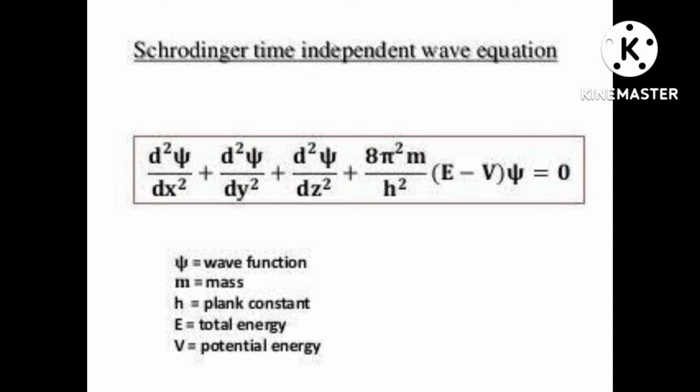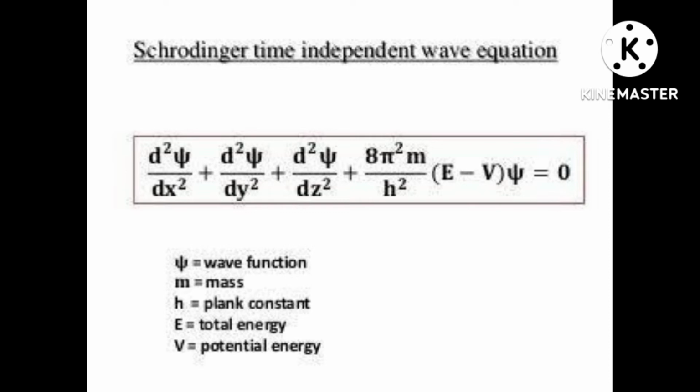These quantized energy states and corresponding wave functions are characterized by a set of 3 quantum numbers. Again listen, important things I am telling you. These energy levels are quantized, that is also called energy states. They are quantized, fixed energy.